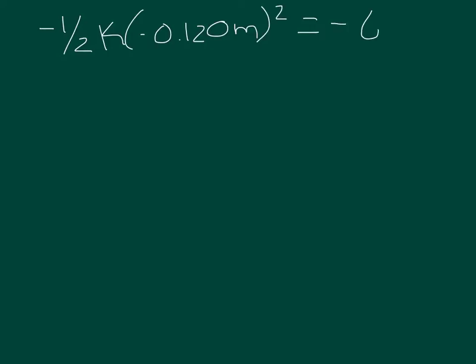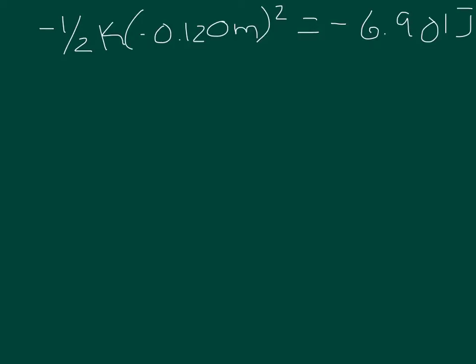Okay, so again, we have negative 1/2 k times our initial position for the spring, negative 0.120 meters, squared, and that equals negative 6.901 joules.